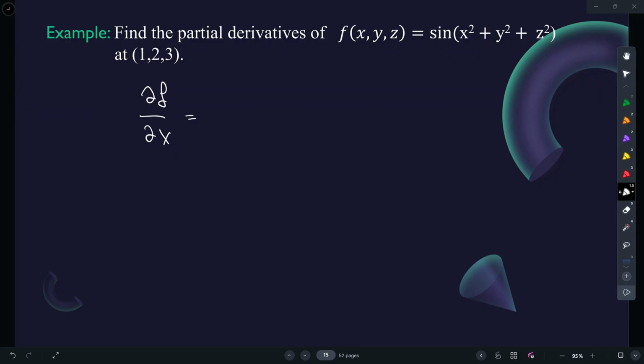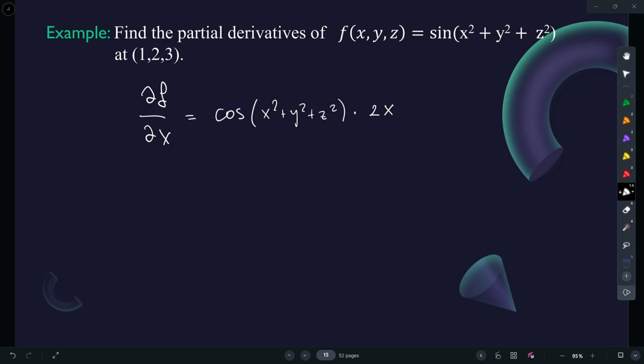This is in 3 dimensions, and now I can move in 3 dimensions. But here I'm only running in the x direction, and the y and the z are fixed. So this is going to be the derivative of sine, cosine, evaluated at the entire inside, times the derivative of the inside with respect to x, which is 2x.